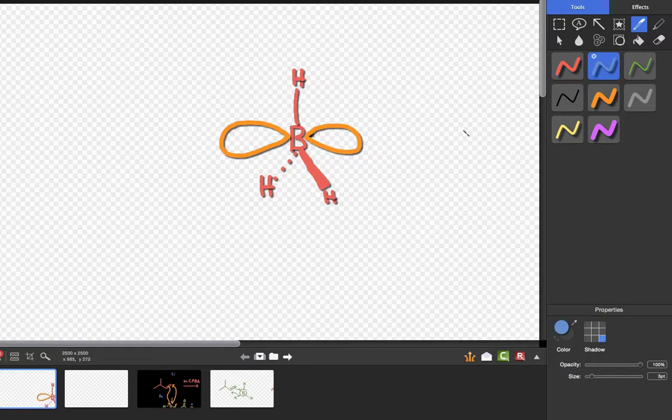Then you have THF. So it's going to interact with one of these empty orbitals to provide a Lewis acid-base complex.